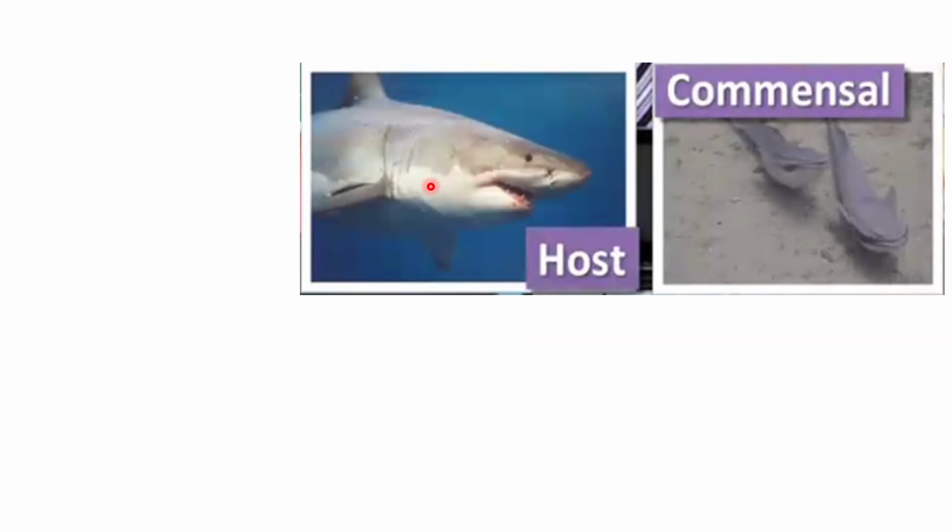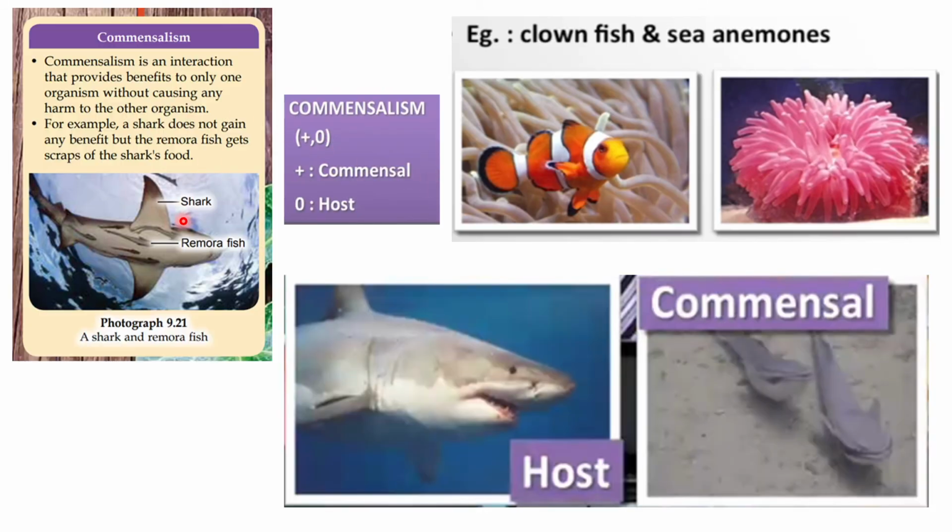Okay, ada satu gambar daripada your textbook, photograph 9.21. So you get to see the remora fish here. Okay, so getting free ride and also feeding on scraps of the shark's food.